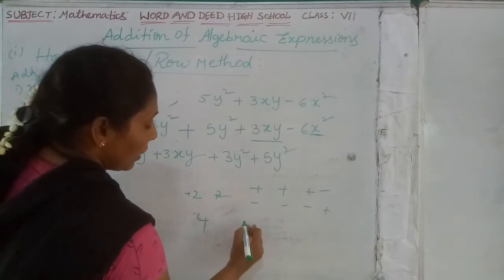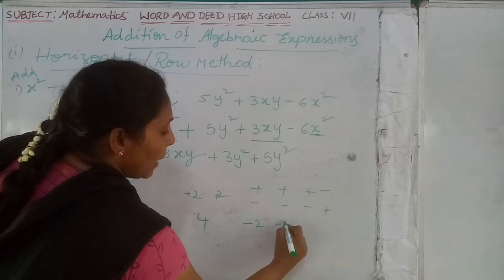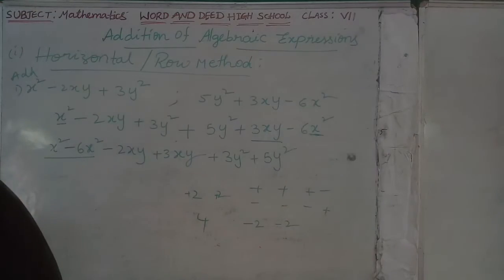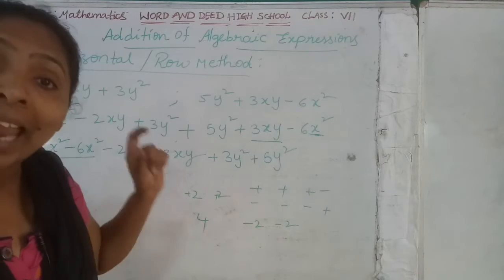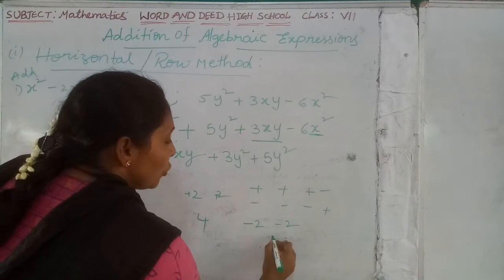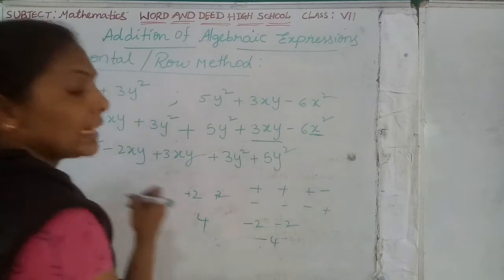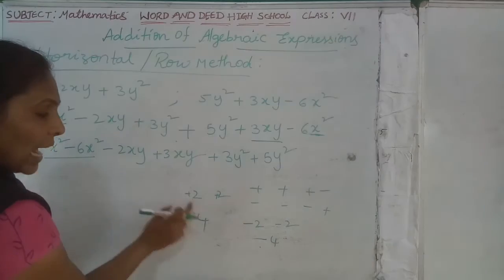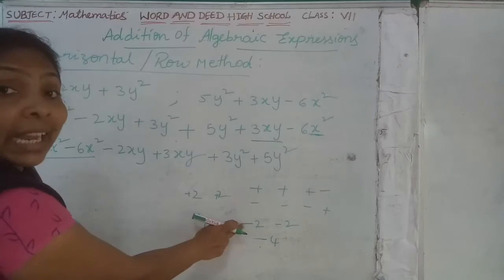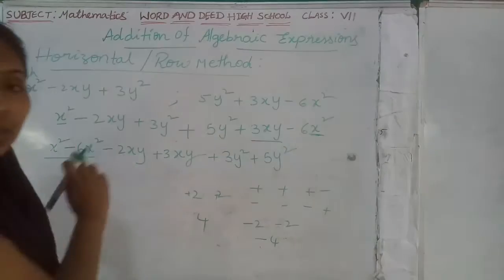Suppose minus 2 and minus 2. Both are negative. We add 2 plus 2, which is 4, but we take the negative symbol. Both positive numbers give a positive symbol, both negative give a negative symbol.